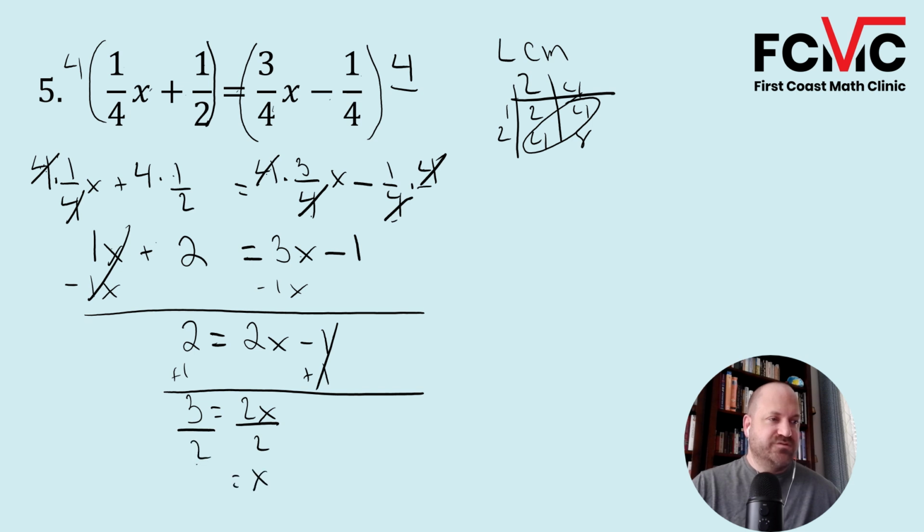And I get x equals 3 over 2, which is what we had when we solved our equation using fractions, or 1 and 1/2. Okay? All right, so another way that we can solve this equation by kind of getting rid of our fractions by multiplying by our least common multiple on each side first.